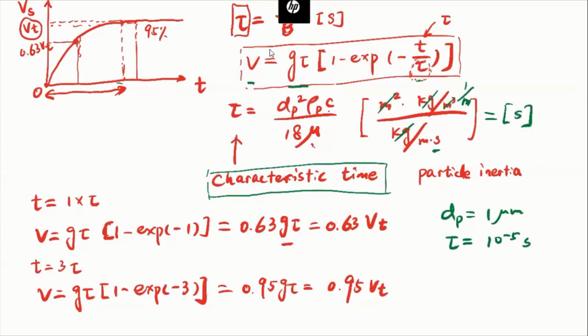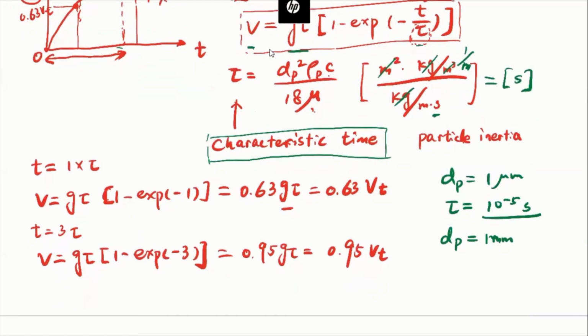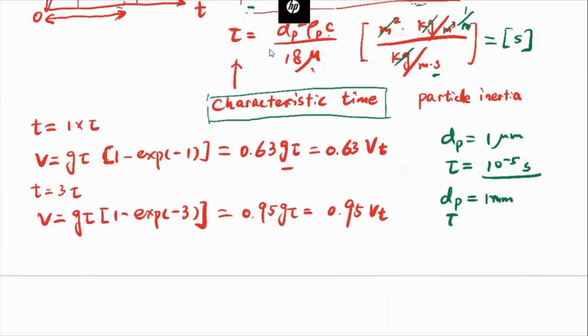Okay. What that means is that if we release a 1 micrometer particle in the air, it's going to reach steady state, reach the terminal velocity very quickly. Okay, around 10 microseconds. But when the particle size is equal to 1 millimeter, which is kind of like a small bead or grain of sand, right? Then this tau here is 10 seconds.